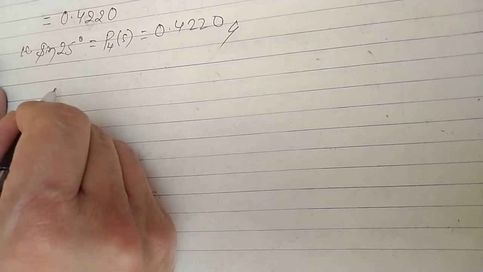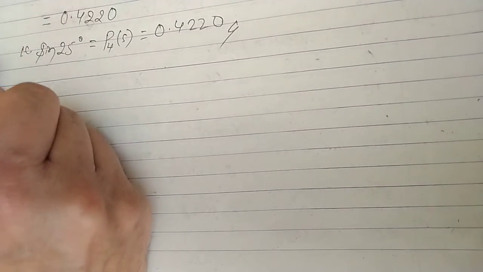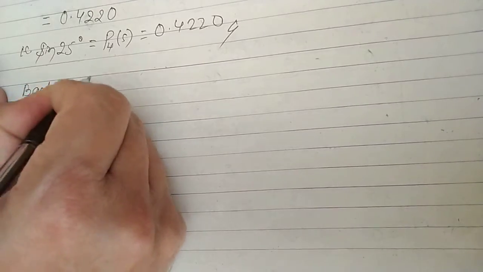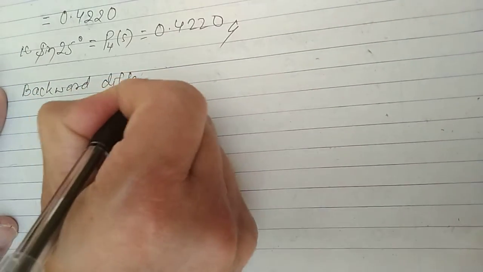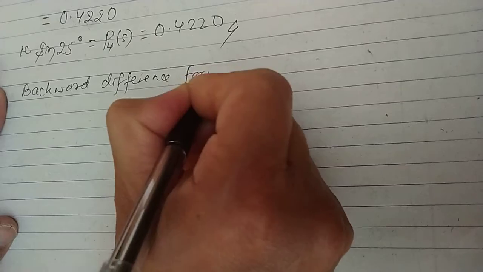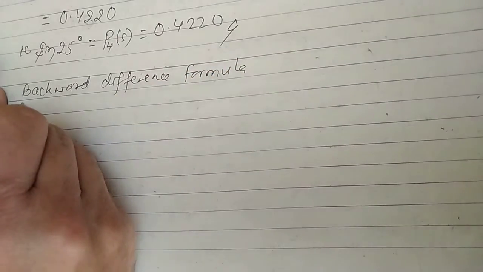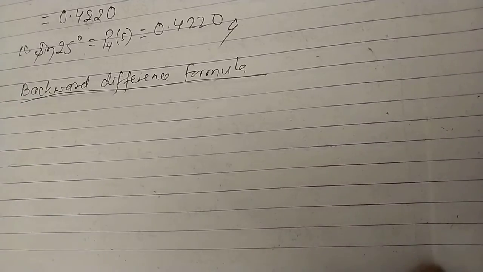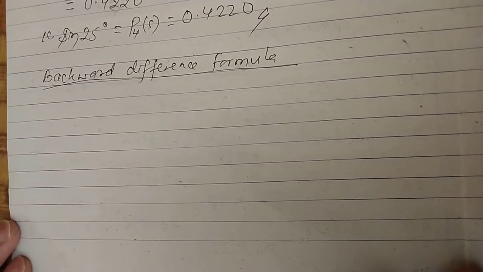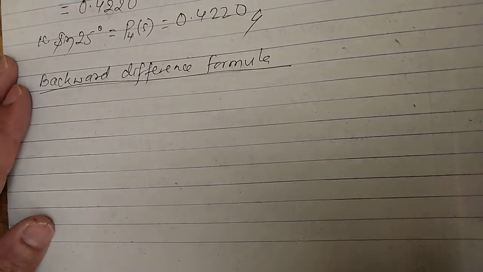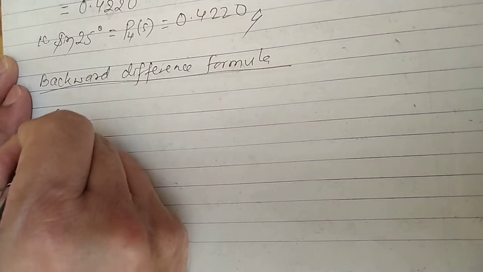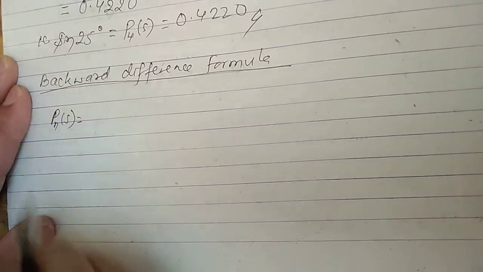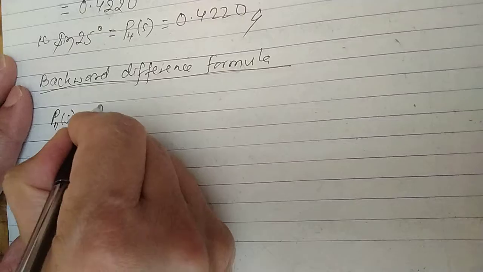Now, Newton's backward difference formula. In the backward difference formula, we have P of s equals Fn.